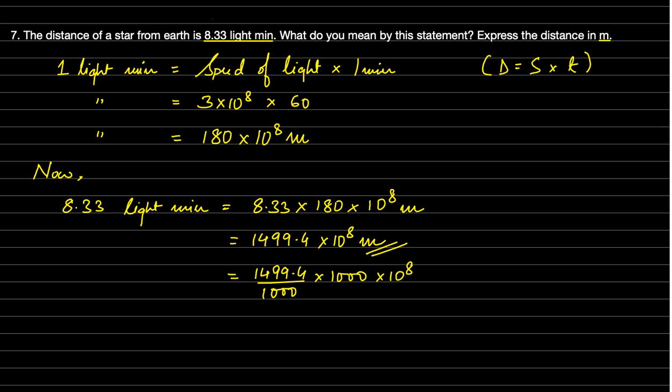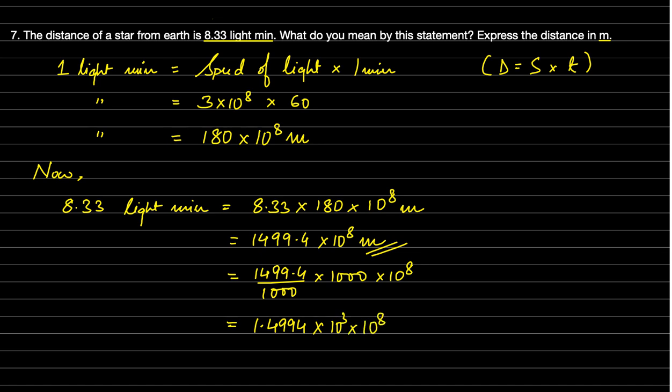So 1499.4 divided by 1000 gives us 1.4994, and 1000 is nothing but 10 to the power of 3 into 10 to the power of 8.